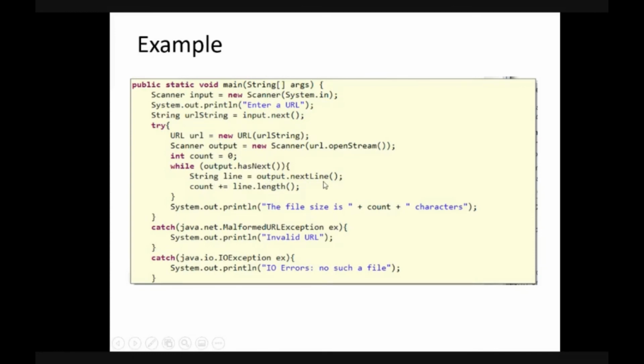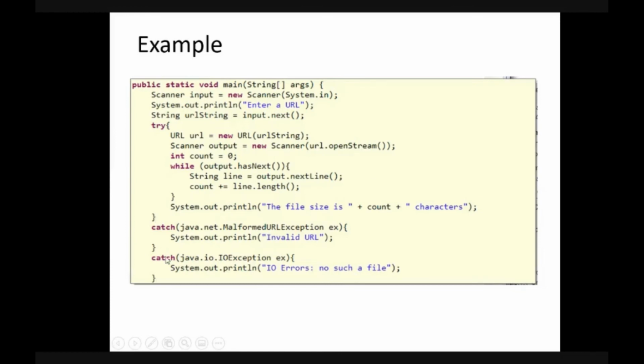Line by line, first line, second line. Count line length. So it is just counting how many lines they have, I guess. The file size is this one, and there are that many characters. MalformedURLException, invalid error, IOException, this input output error, no such file.